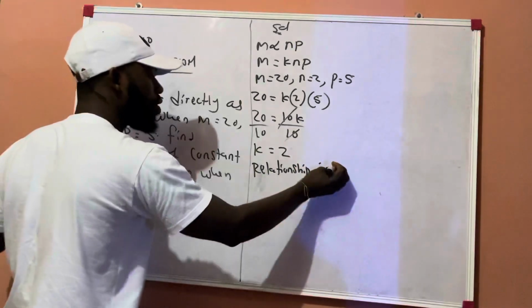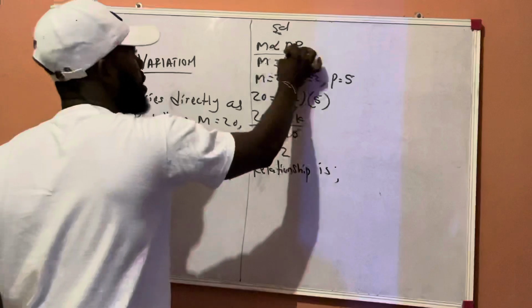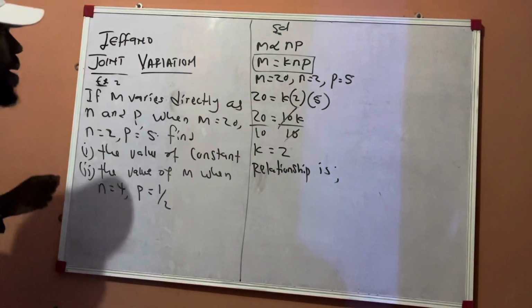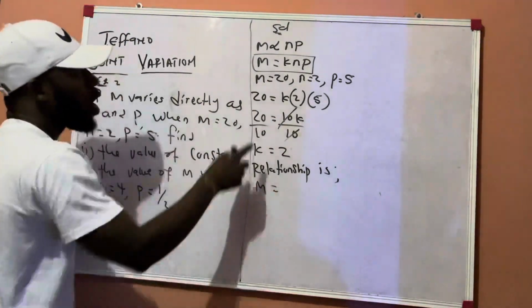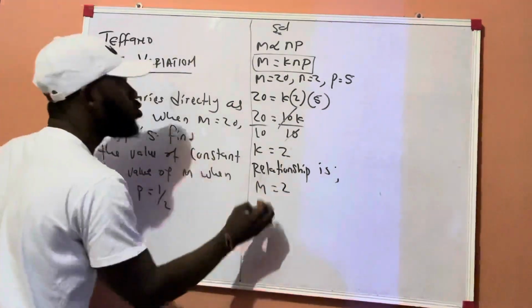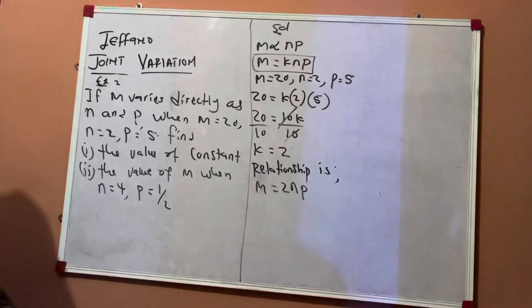Our relationship is, now where do you normally get a relationship? That very spot that you introduce your constant of proportionality. So automatically, here becomes M is equal to K now. The value of K now is 2. Here becomes 2, and what do we have here? NP. That becomes our relationship.